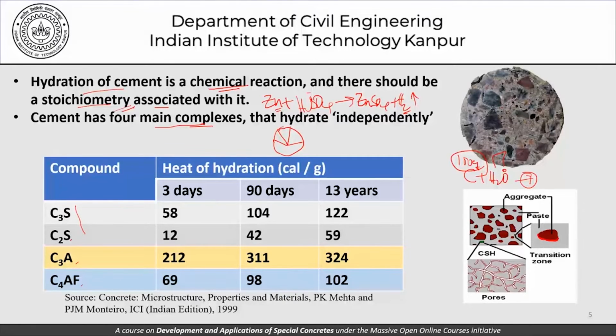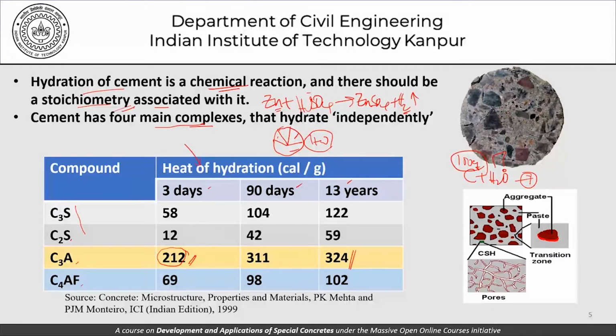All of these start reacting with water independently, and each of them has its own heat of hydration. If we look at this table closely, at 3 days, 90 days, or 13 years, it shows that in the initial period, C3A gives out a lot of heat, and this can be looked upon as a proportion of the total heat of hydration liberated from C3A in 13 years.